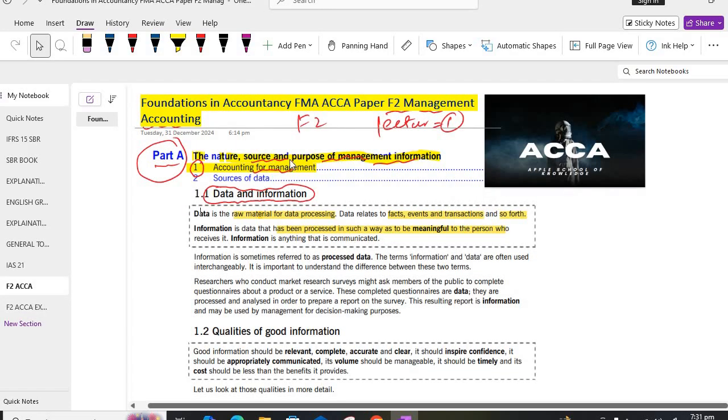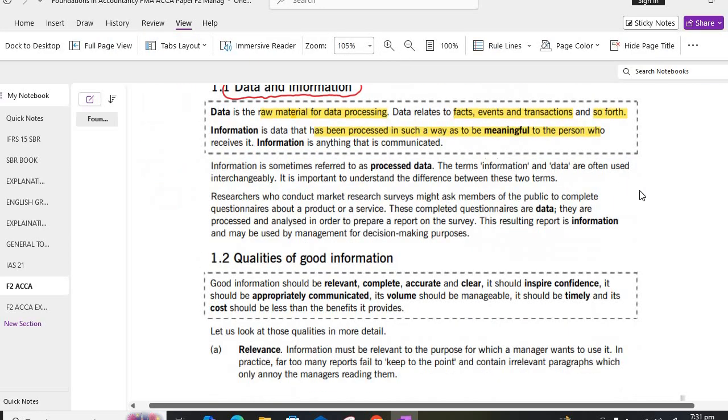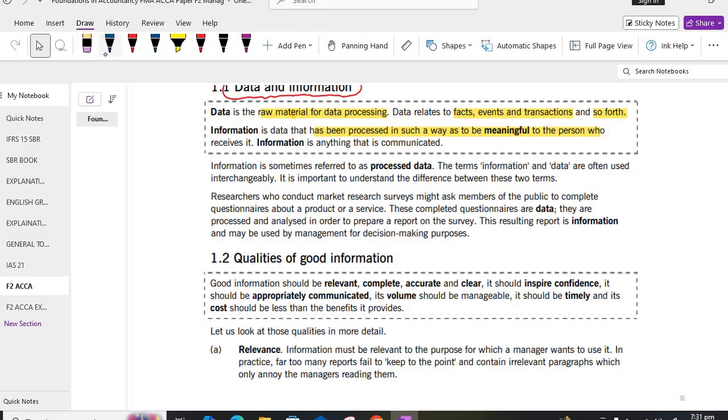Clear? Okay, this is the book here, and we are just doing chapter number 1. Data is a raw material for data processing, and data relates to the facts, events, transactions and so forth.